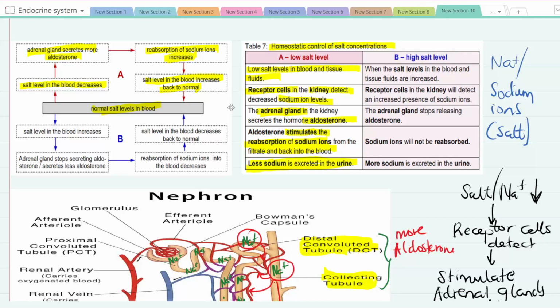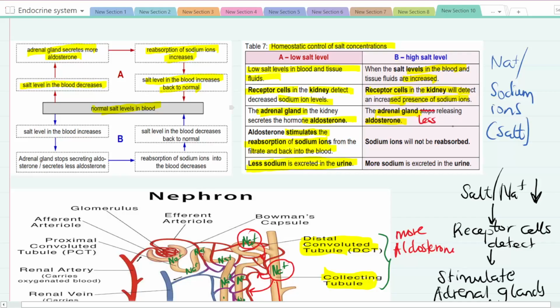And what about when now the salt level increases? When the salt level increases in the blood, then we know again your receptor cells are still going to detect the increase and will stimulate the adrenal glands to not necessarily stop secreting. It's not gonna stop, but it is going to secrete less.